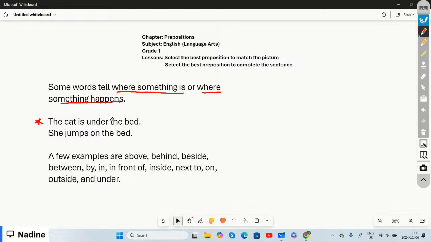So if we say the cat is under the bed, we need to ask ourselves, where is the cat? Or where is it happening?